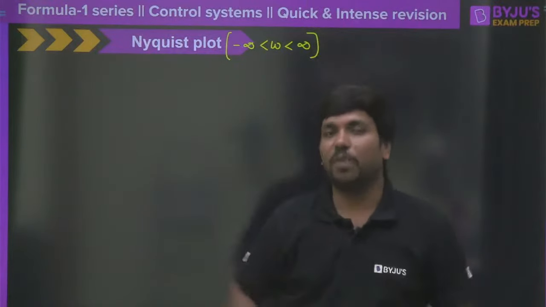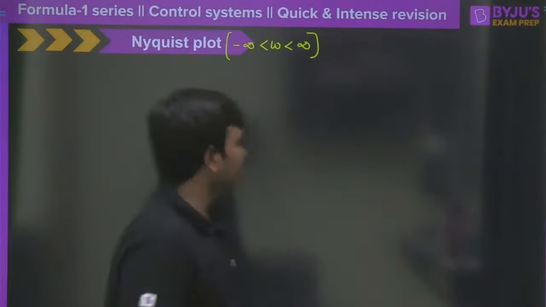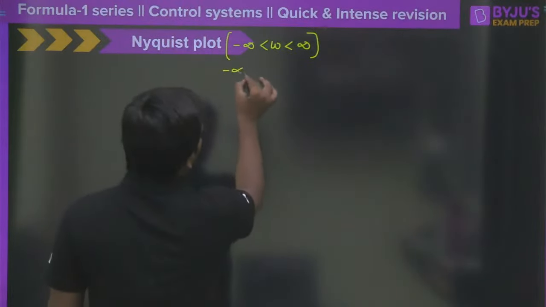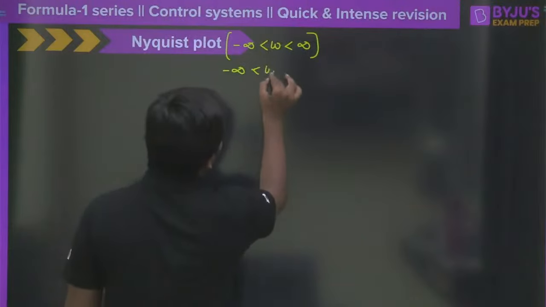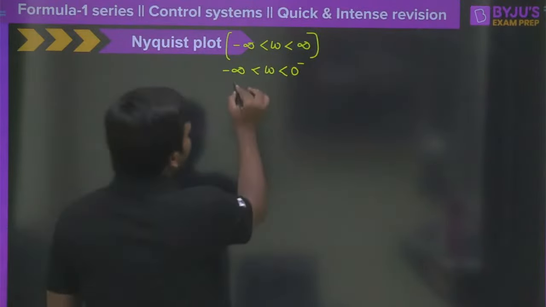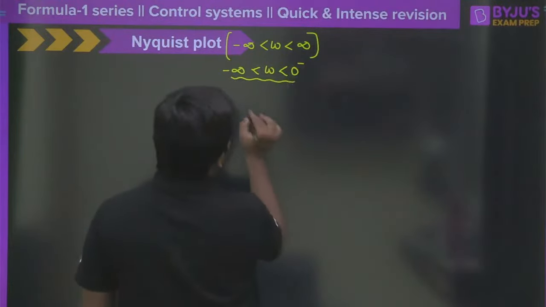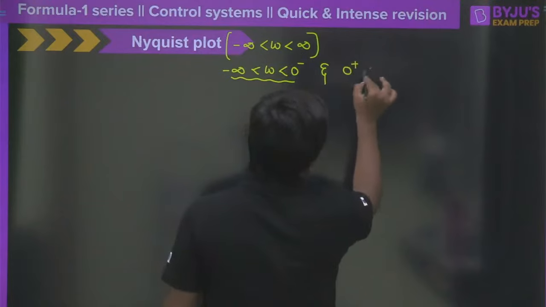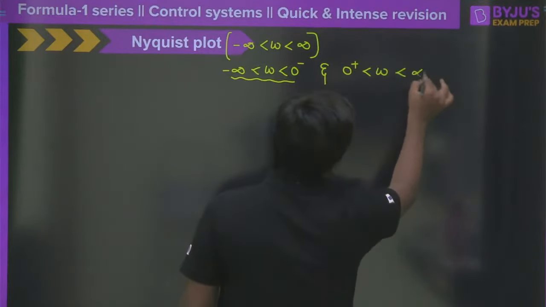That is what the Nyquist plot says. Now can I write the range like this: omega from minus infinity to 0 minus, where 0 minus means just before 0, and then again 0 plus, so omega from 0 plus to infinity. Can I write like this?